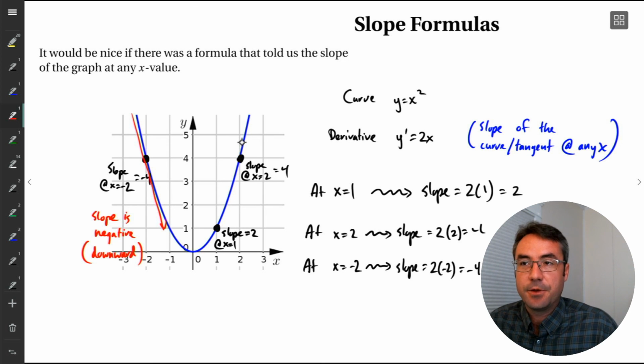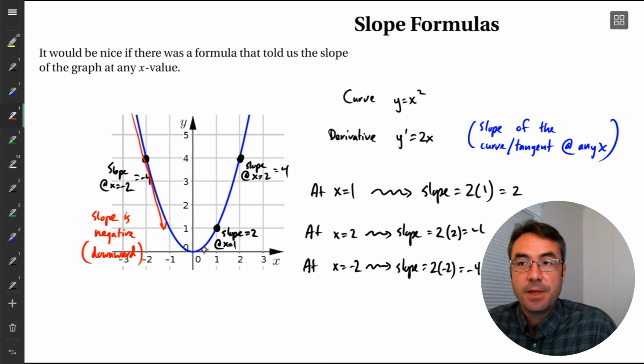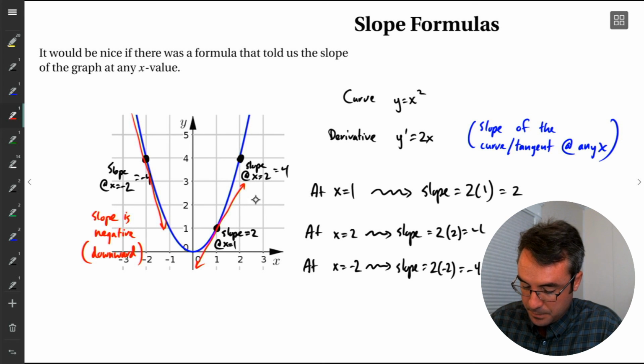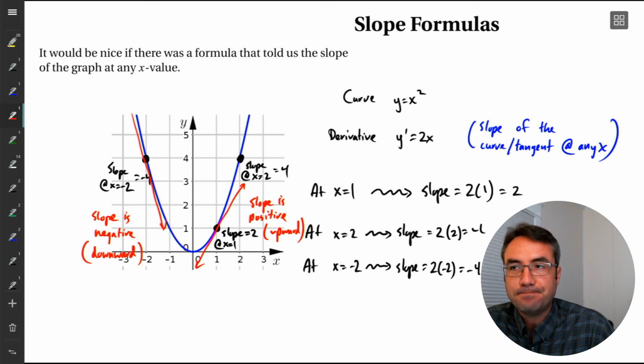And then on the right side of this graph, we already drew in the tangent line at x equals 1 here, and we saw that it was pointing up. So over here, the slope would be positive. And that's because our tangent lines are all pointing up on that side.